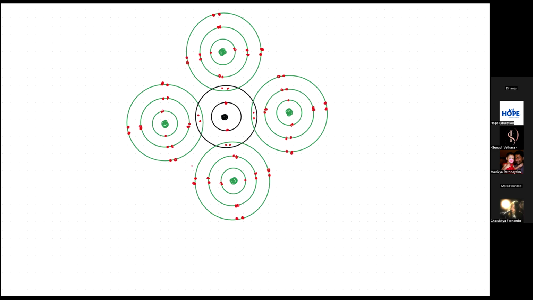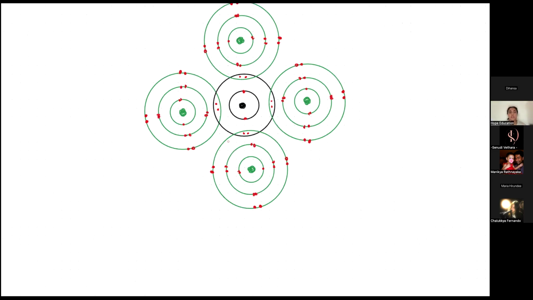Okay. Now we have to draw the dot and cross diagram, the Lewis dot diagram and the Lewis structure. In all of these we only look at the outermost energy level, right?